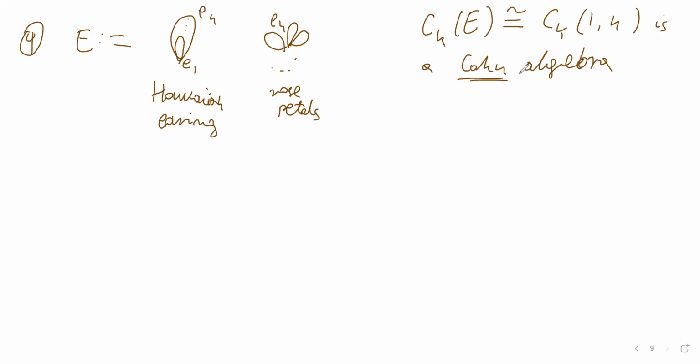So for this particular graph E, the Hawaiian earring graph or rose petals graph, the Cohn path algebra becomes a Cohn algebra of signature 1,n. And I cannot say anything more about it because I'm not aware of the motivation of this guy. However, when we take the Leavitt path algebra of this graph E, this becomes, surprise, surprise, the Leavitt algebra of signature 1,n.